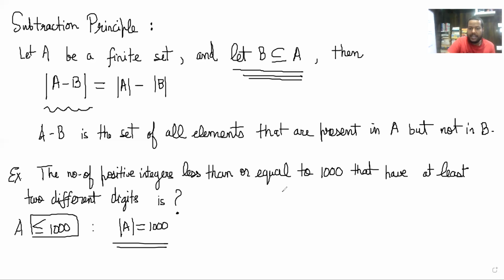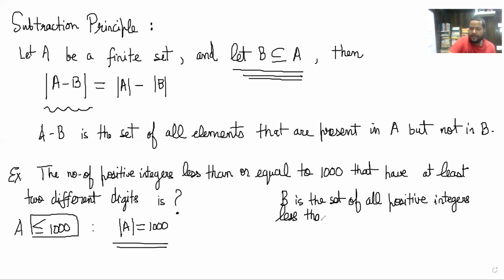So let's say B is the set of all positive integers less than or equal to 1000 which don't have two different digits. So basically it means it only has identical digits.